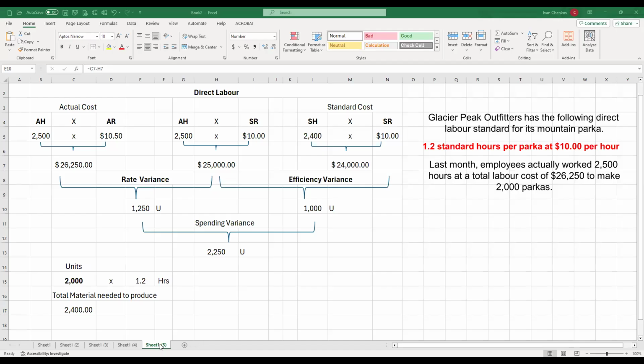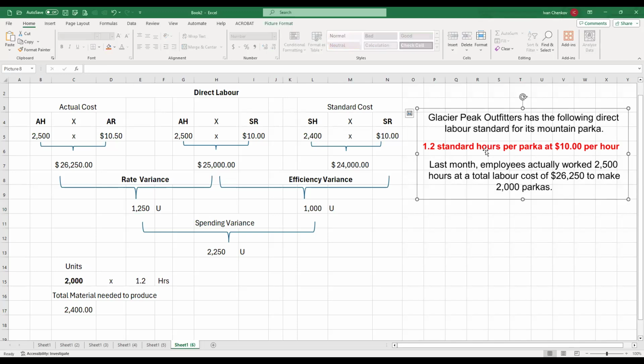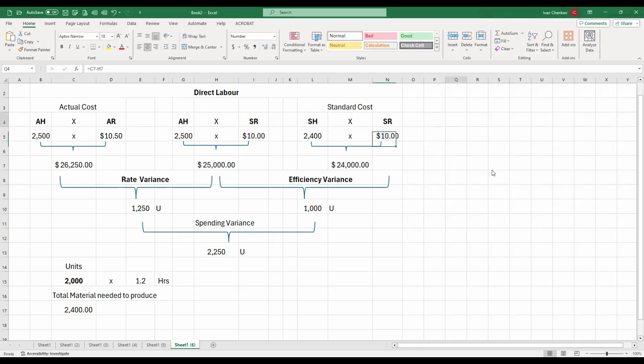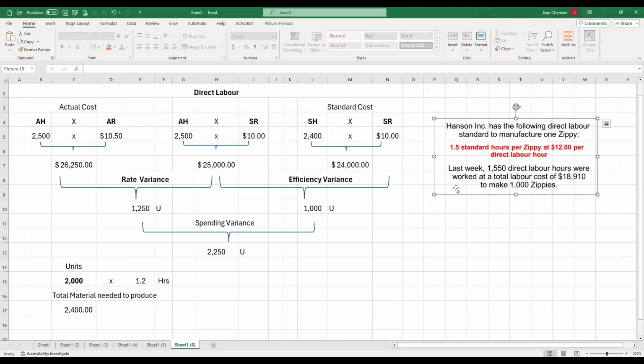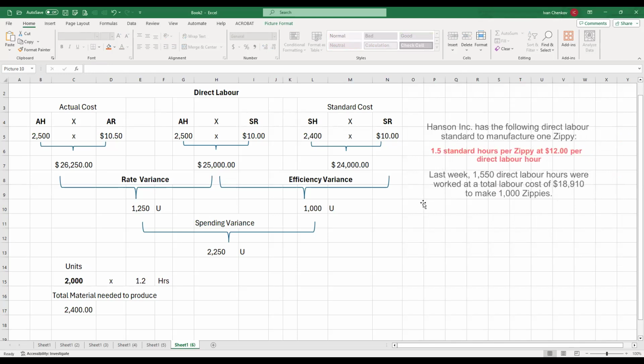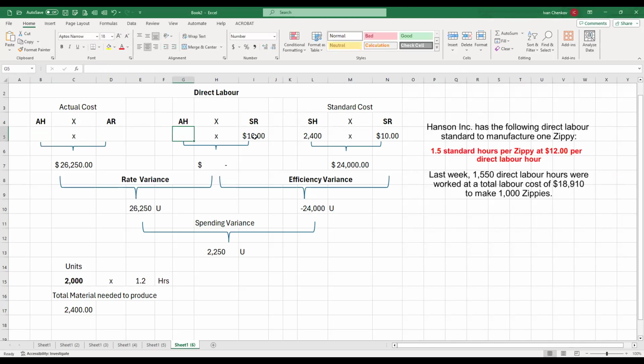Let's share my screen. Here we go. So let's go with this question and see what's happening with ZP in the same reality, but now we are direct labor. So I'm gonna erase those one again, and we're gonna start from scratch.